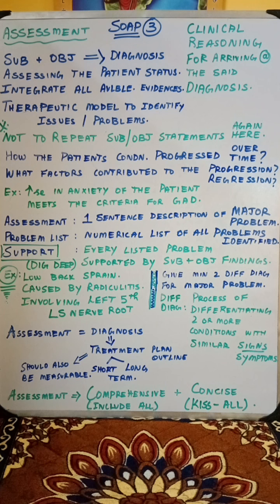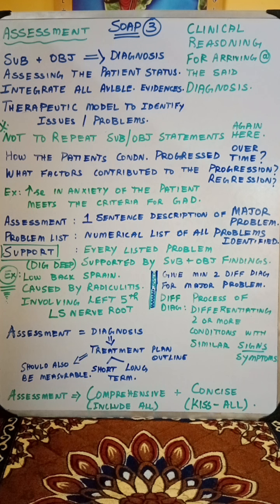We assess the patient's status as told by the patient and as recorded, as proved by the laboratory values, radiological values, physical examinations, and other things which have evidence, and we arrive at a diagnosis. Now, assessment is a therapeutic model to identify the issues or the problem.